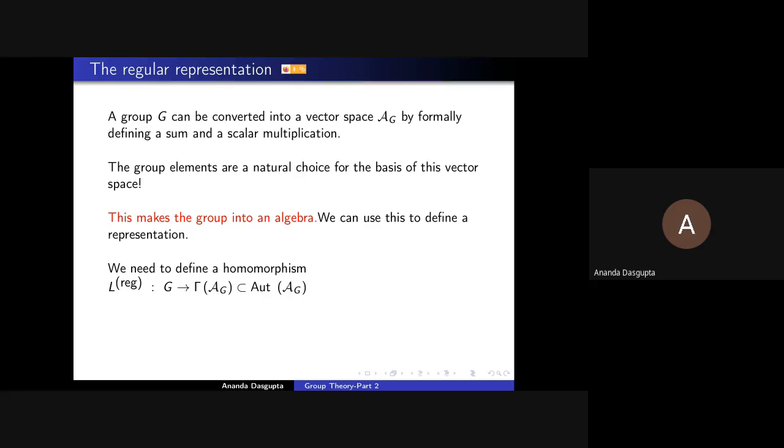Okay. So what do we need to do? We need to define a linear operator. This is L reg, so that's the regular representation. That's why the reg is here. What does it do to every group element here?